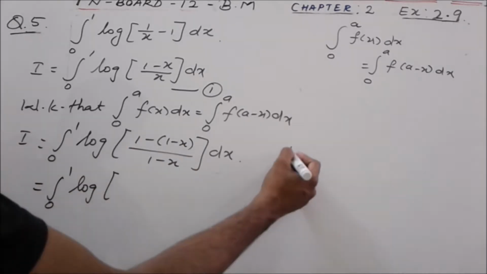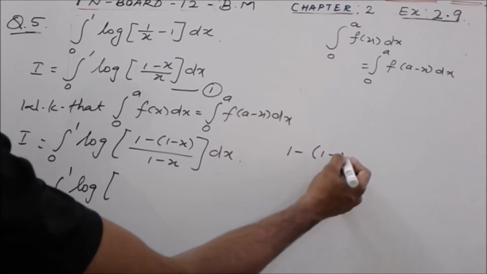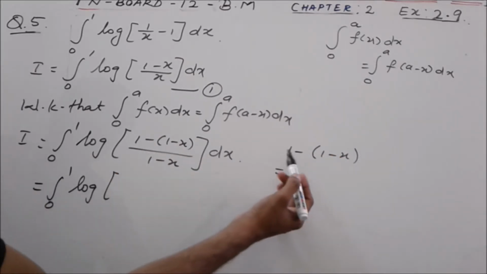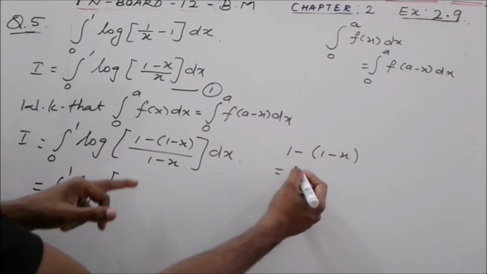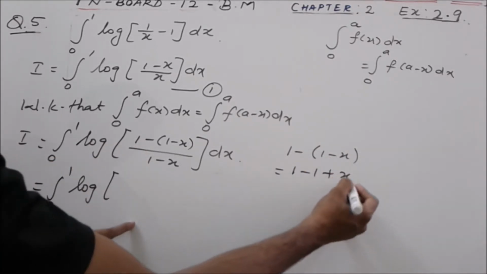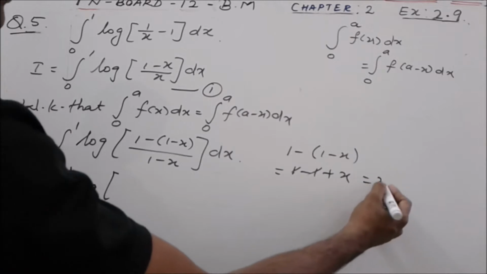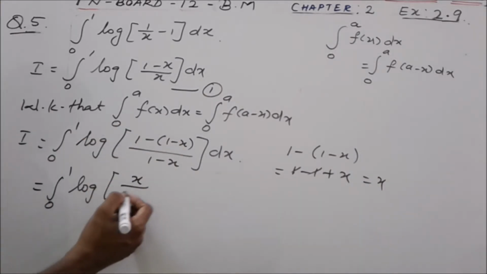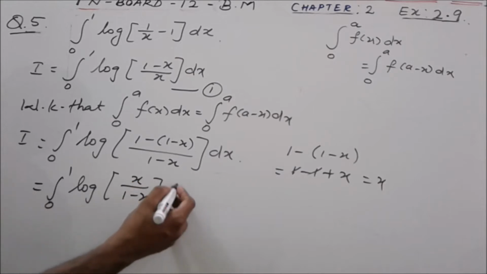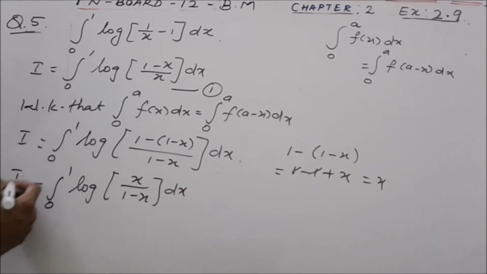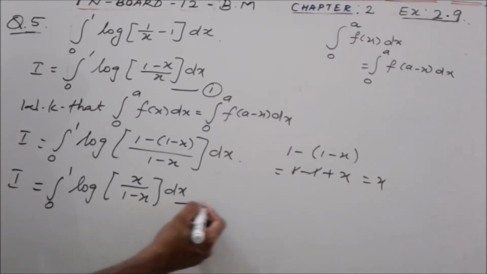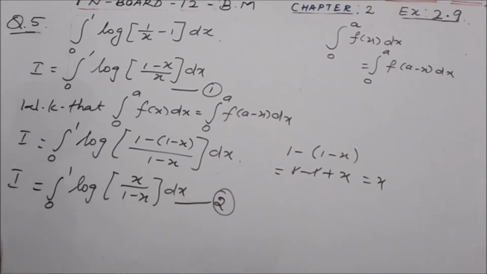When simplifying the numerator, 1 minus of 1 minus x, then 1 minus 1 plus x, cancelling these two, we will have x. The numerator changed as x when simplified, divided by 1 minus x into dx. We have simplified. Again we don't have a formula to integrate this one directly. Let it be equation number 2 here.